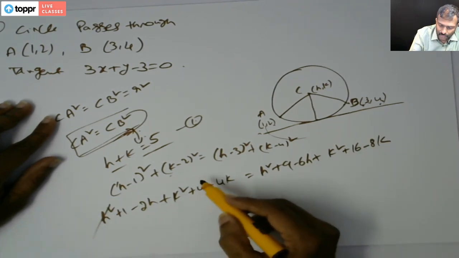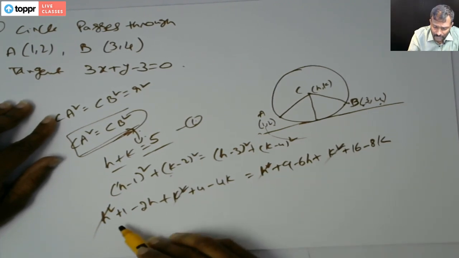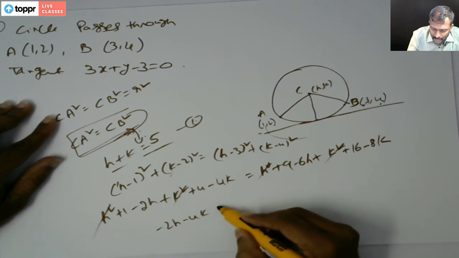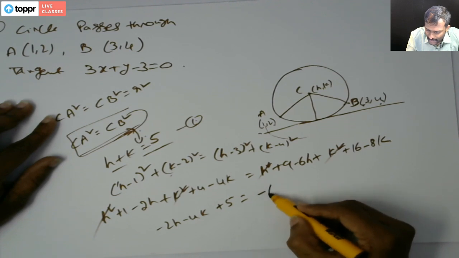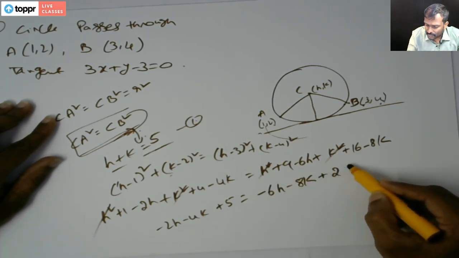So this h square and k square get cancelled. So 1 plus 4 is 5. So minus 2h minus 4k plus 5 equals minus 6h minus 8k plus 25.